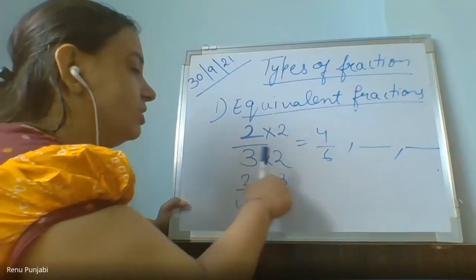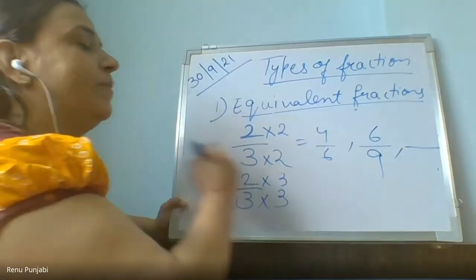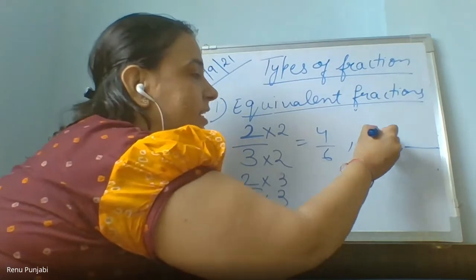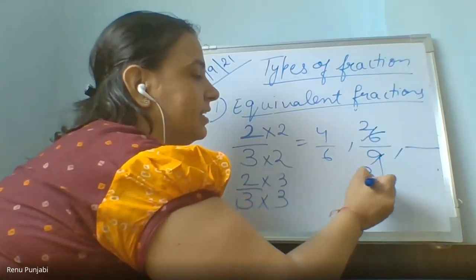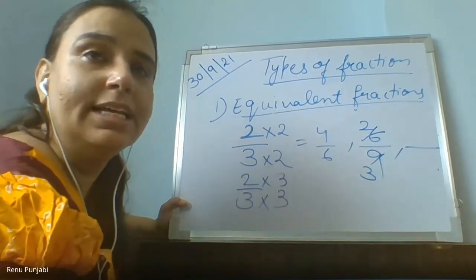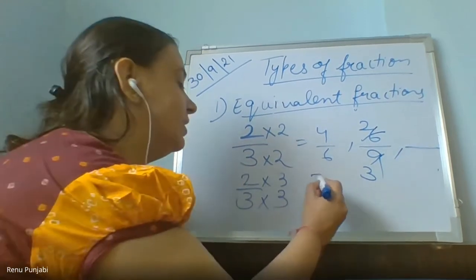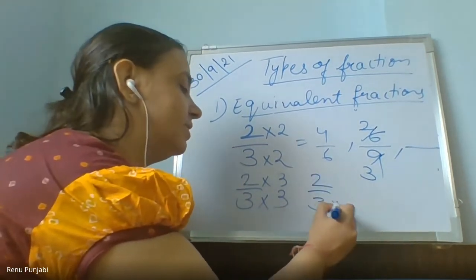Okay. 3 2s are 6 and 3 3s are 9. This is also same as 2 upon 3. Then if you want to find one more equivalent, Kush, decide, how will you multiply 2 upon 3 with which number?